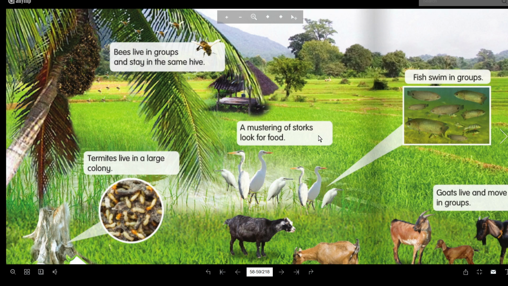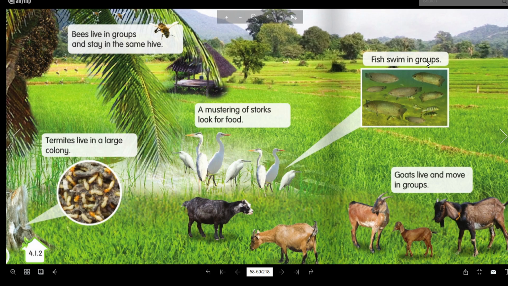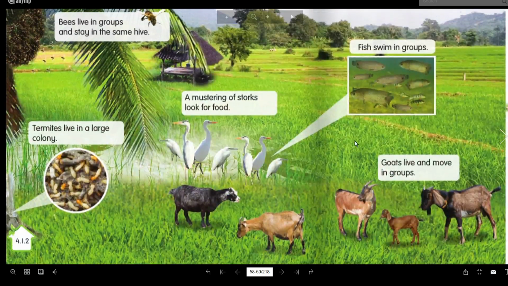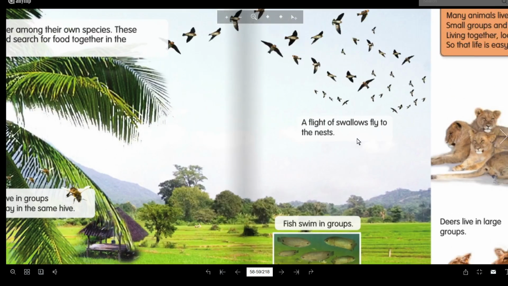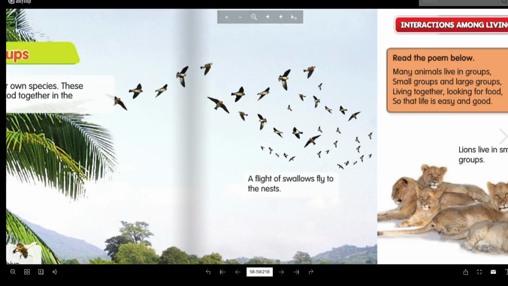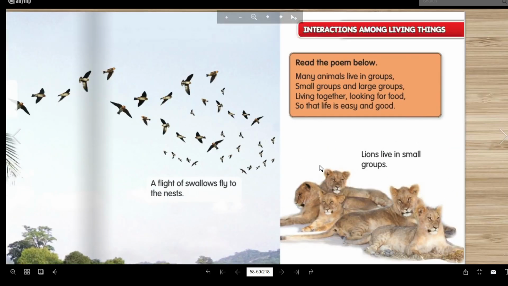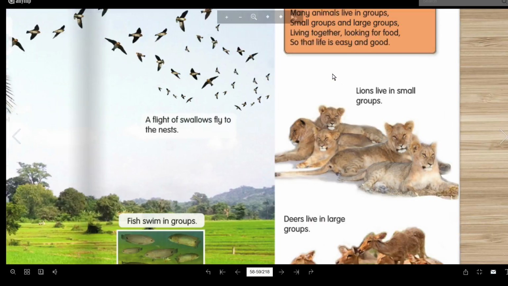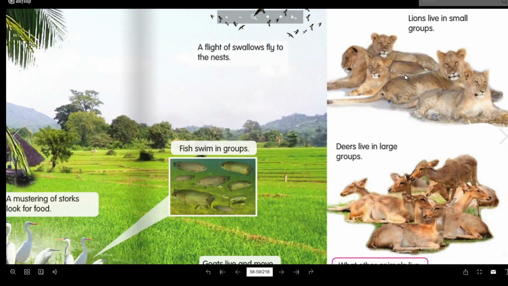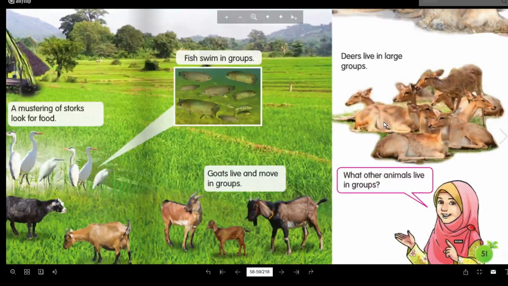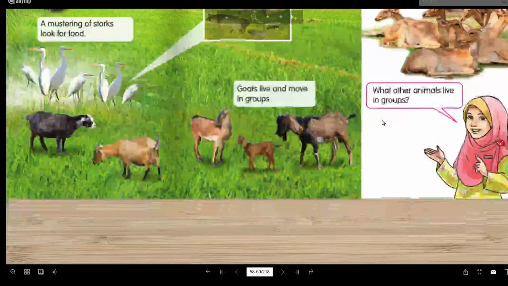Fish swim in groups. Goats live and move in groups. A flight of swallows fly to the nest in a group. Lions live in small groups, deer live in large groups, which are called herds, right?